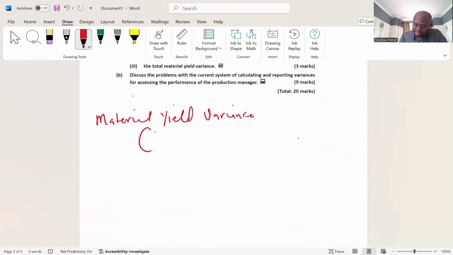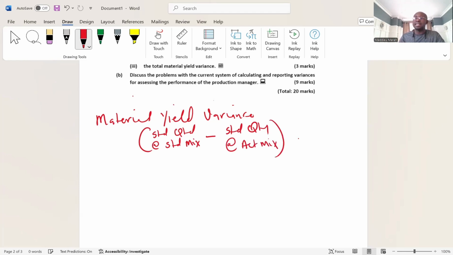Material yield variance is my standard quantity at standard mix, minus my standard quantity at actual mix, multiplied by standard price.